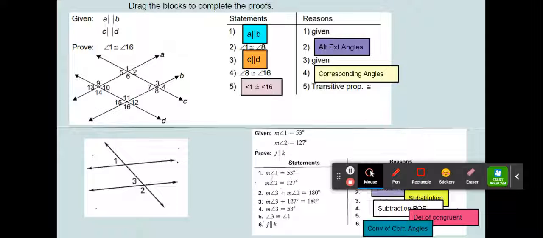All right. So if A is parallel to B, then angle 1 and 8 are alternate exterior angles. They are congruent since this is parallel.